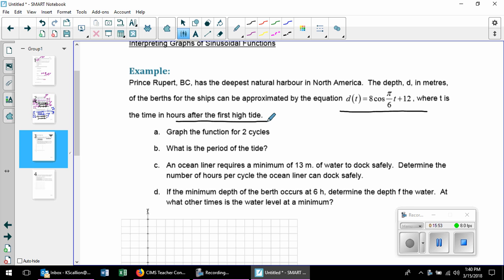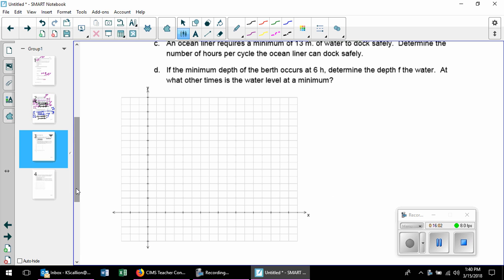So what do we need to know? What do we know my amplitude is? 8. What do we know my median is? 12. So we know that I'm not going to have any negatives here. This would mean the water would be below ground. I'm not sure how that works. 2, 4, 6, 8, 10, 14, 16.